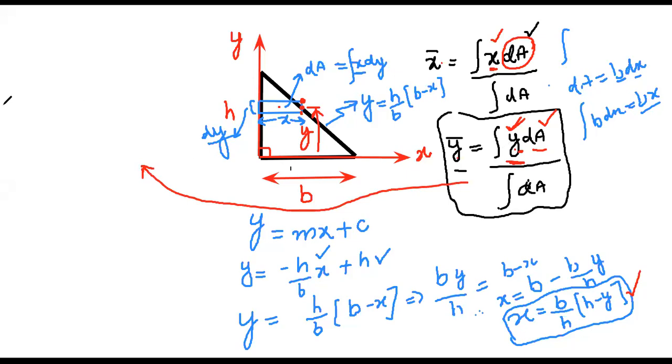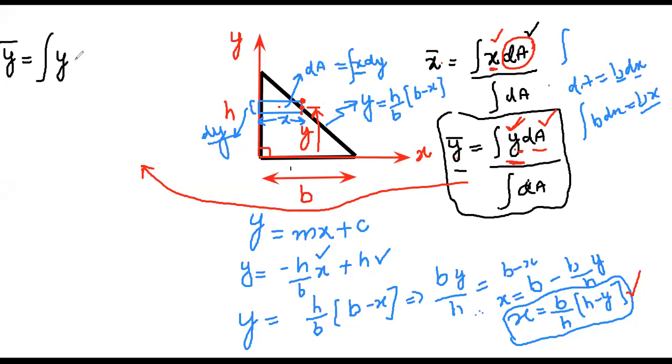We say y bar of the centroid is equal to the integral of y dA, the y coordinate of the centroid, we are saying y into dA, and our dA is equal to x into dy, okay?